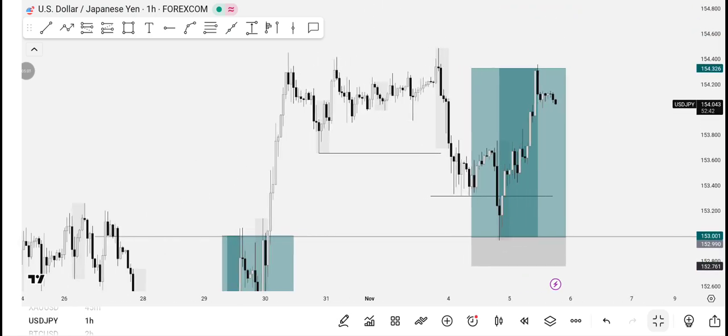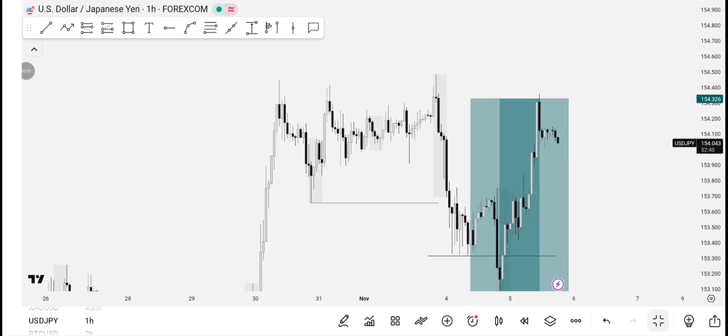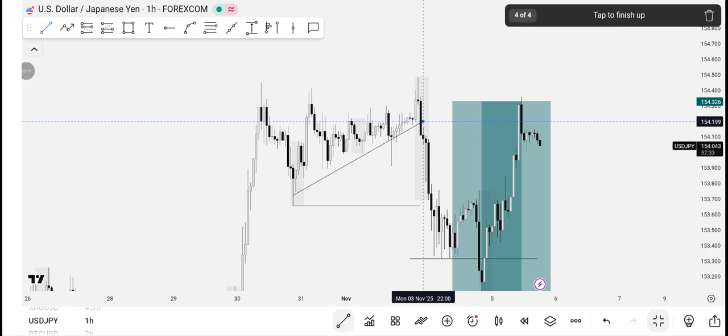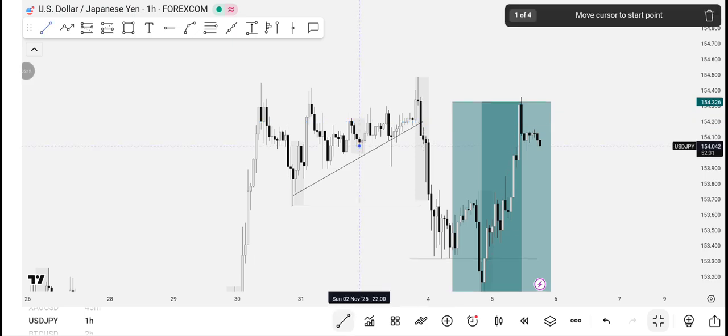But then we had our chart pattern for sales here. I've forgotten the name. Whenever I remember, I'll let you know, maybe in my upcoming videos.